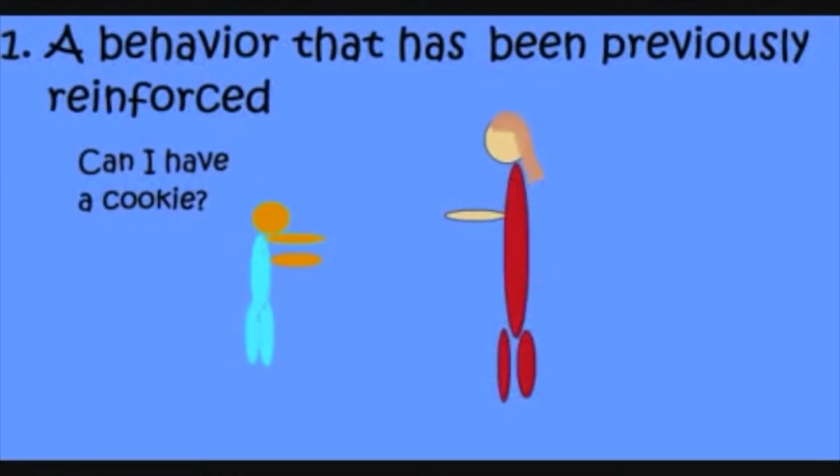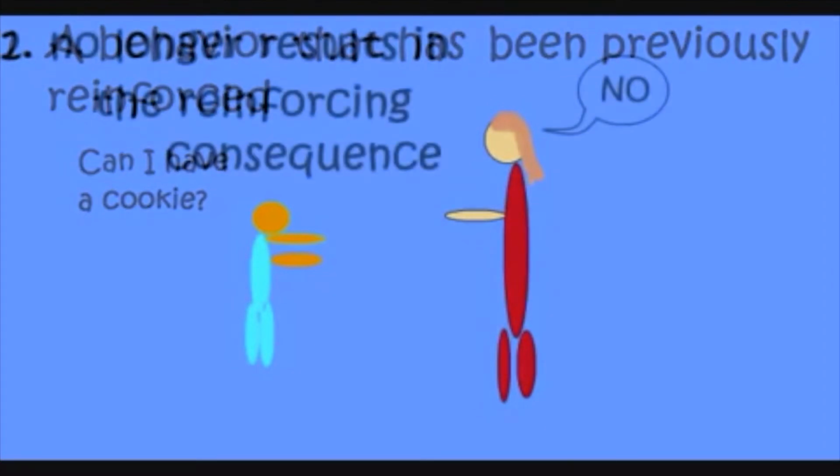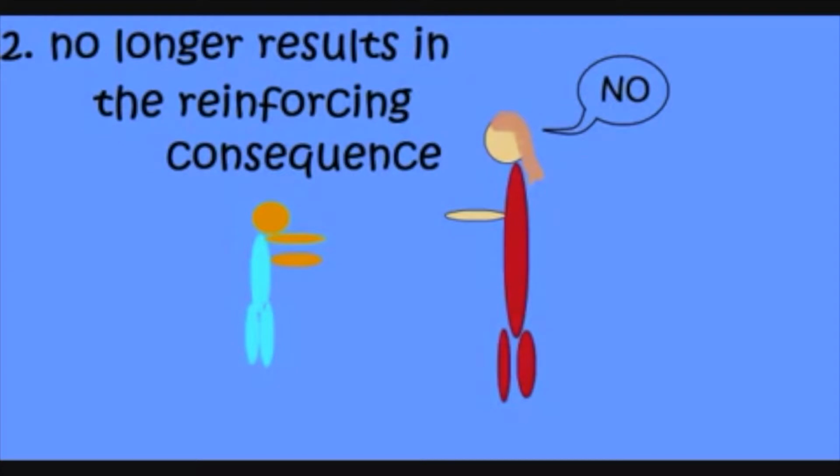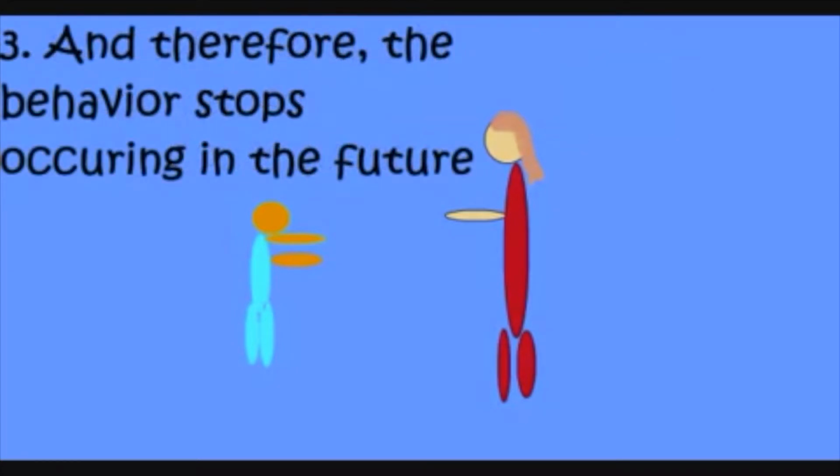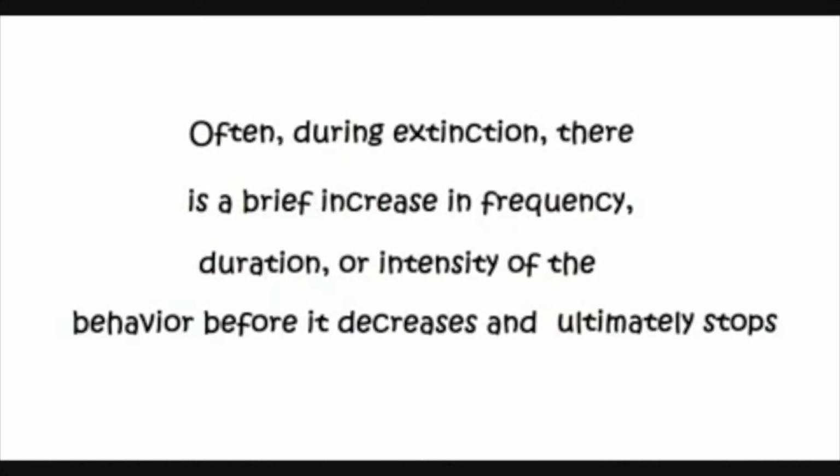So in Sam's case, the behavior of asking his mom for a cookie was no longer reinforced with the cookie, so he stopped asking his mom for a cookie. Often, during extinction, there is a brief increase in frequency, duration, or intensity of the behavior before it decreases and ultimately stops. This is known as an extinction burst.